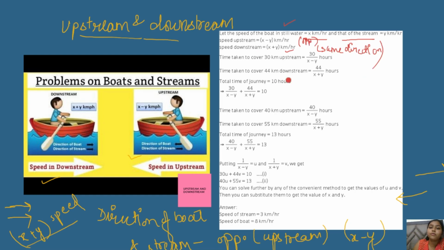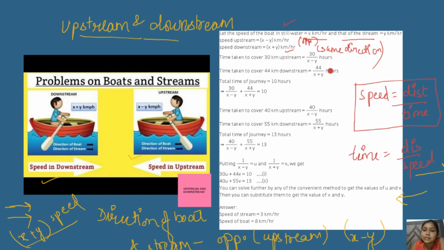First of all, the time taken to cover 30 kilometers upstream. You always know that speed equals distance divided by time, right? So we have to find the time. Time will be equal to distance upon speed. Distance is given as 30, and the upstream speed is x minus y, so the time will be 30 upon x minus y hours.